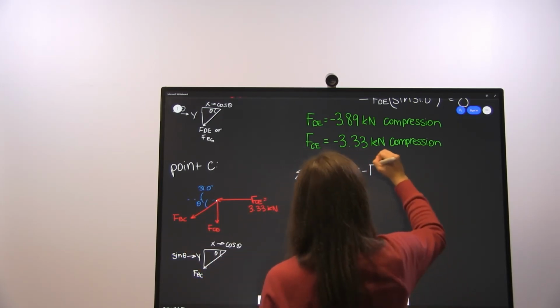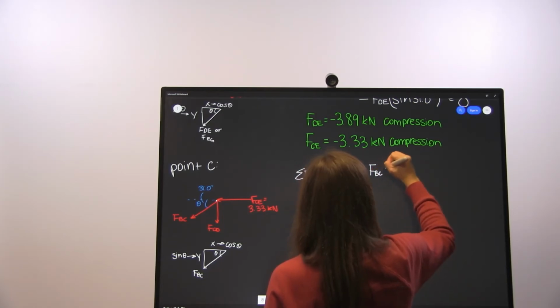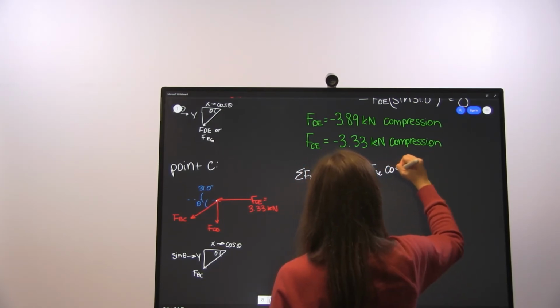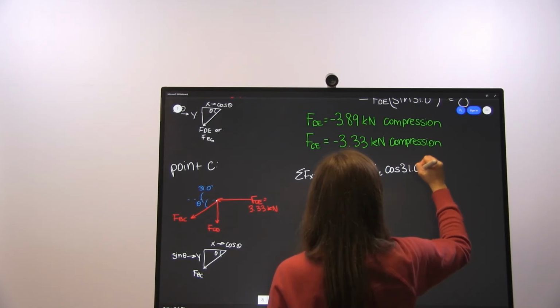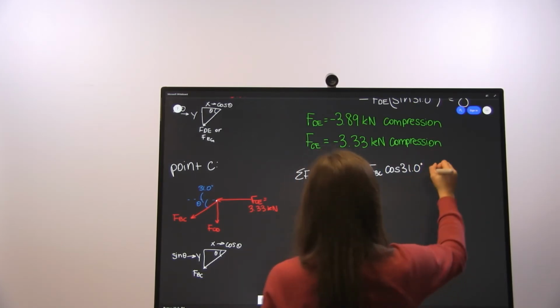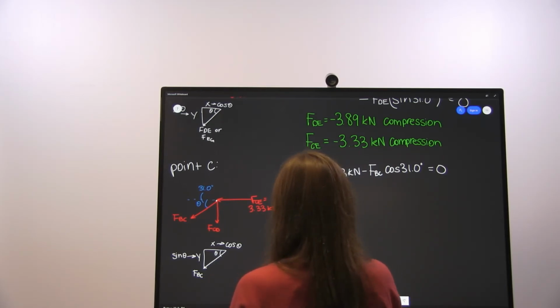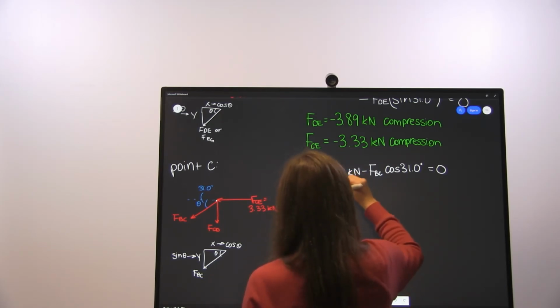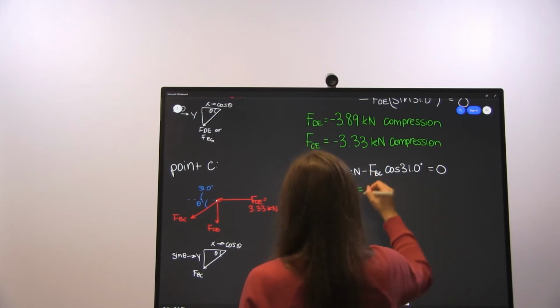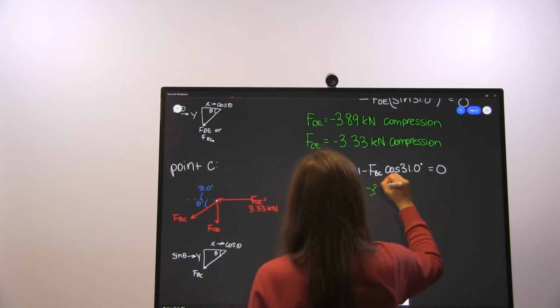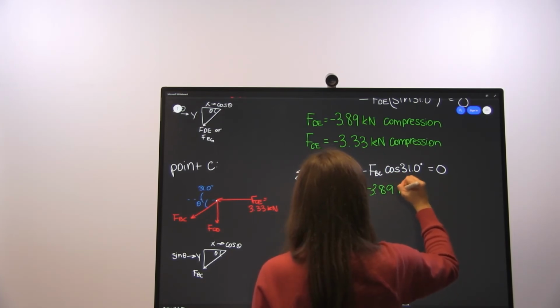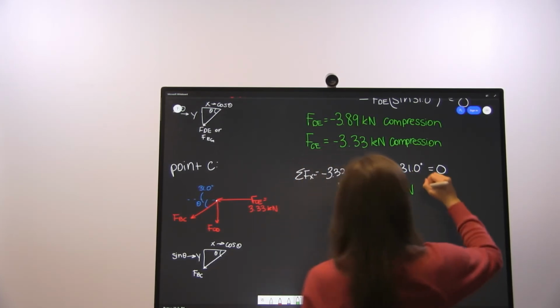So minus force BC times cosine of 31.0 degrees. And that's equal to 0. And from that, we know force BC is equal to negative 3.89 kilonewtons. And that's compression, that's negative.